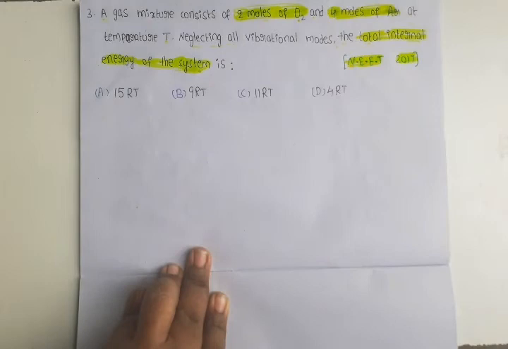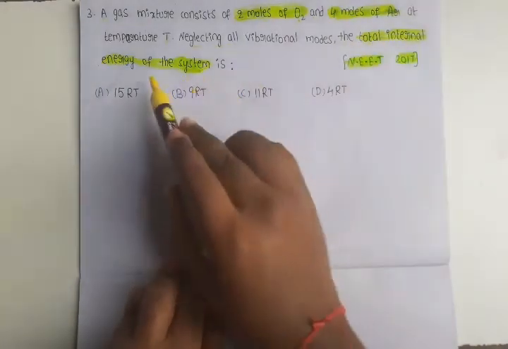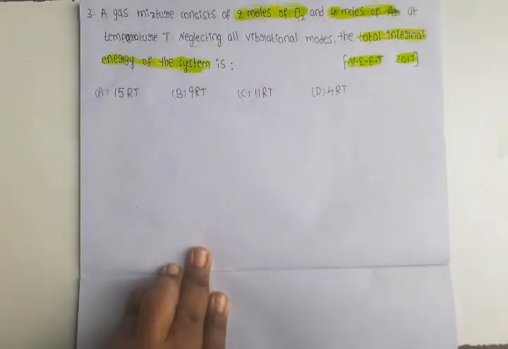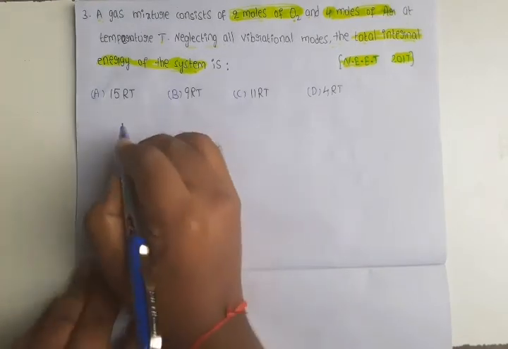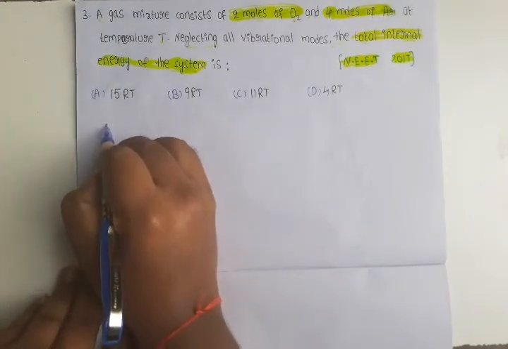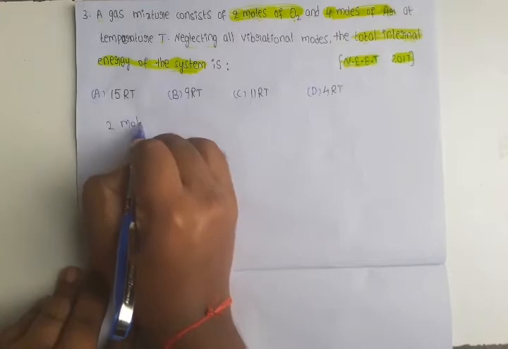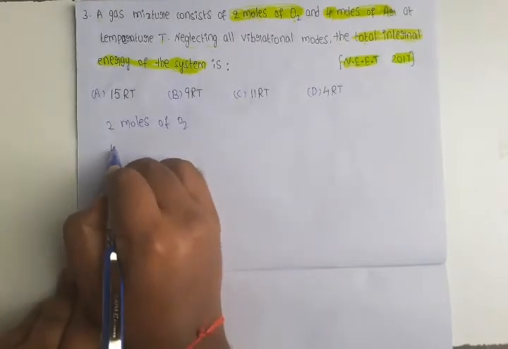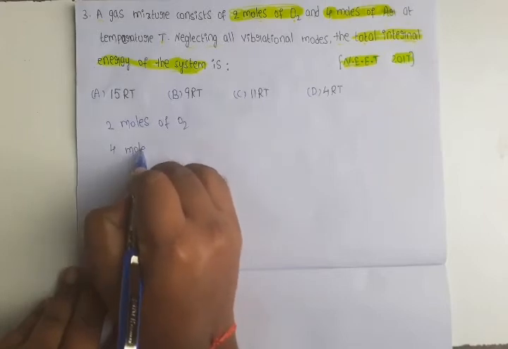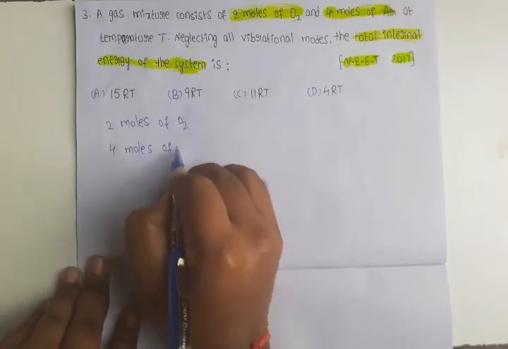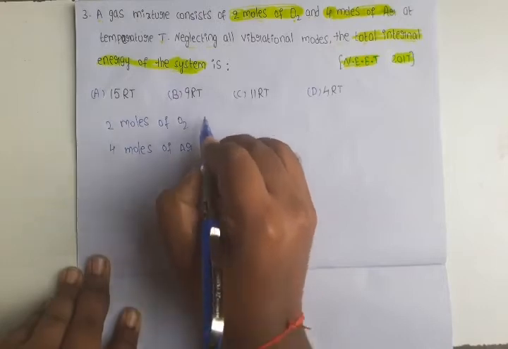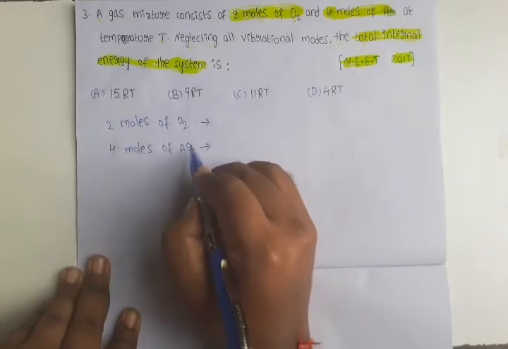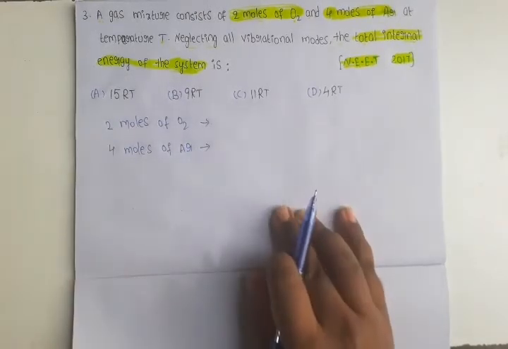What are we going to find in this question? The total internal energy of the system. First of all, 2 moles of oxygen gas, next 4 moles of argon gas.